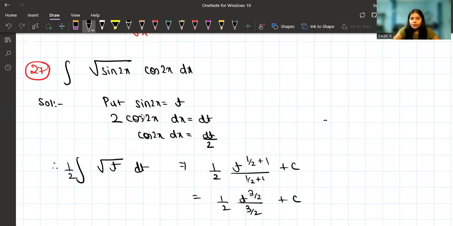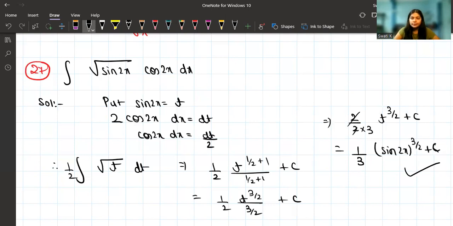So if you just simplify this, 2 will go on the top. So 2 upon 2, and then of course 3 as well. T raised to 3 upon 2 plus c. Clearly 2 will get cancelled. So we are getting 1 upon 3. T here is sine 2x and raised to 3 upon 2 plus c. That's the answer.